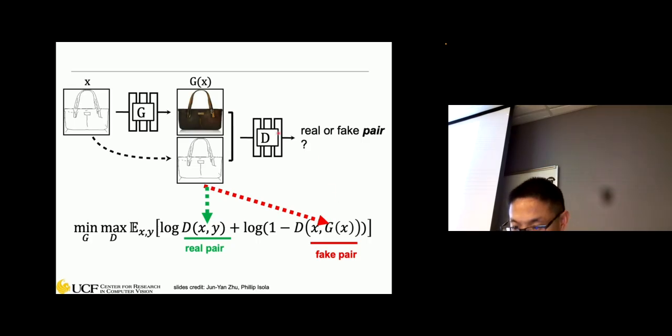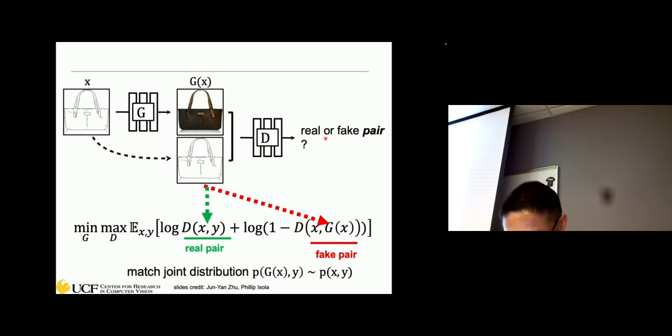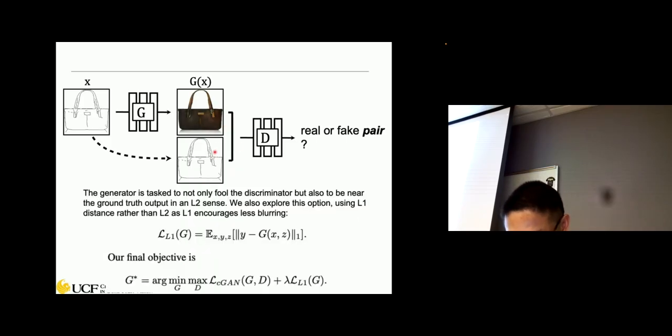So the discriminator will take both this condition and the generated image into consideration to decide if this is a real or fake pair. Basically, it will match the joint distribution, so not just the data, but also the label information. So this is how the conditional GAN works.